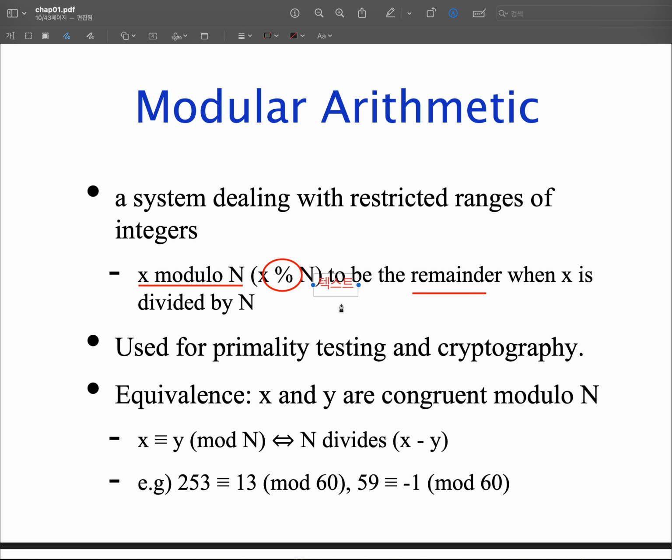So when both x and y have the same remainder of n, then we say x and y are equivalent over n. So that is equivalent.